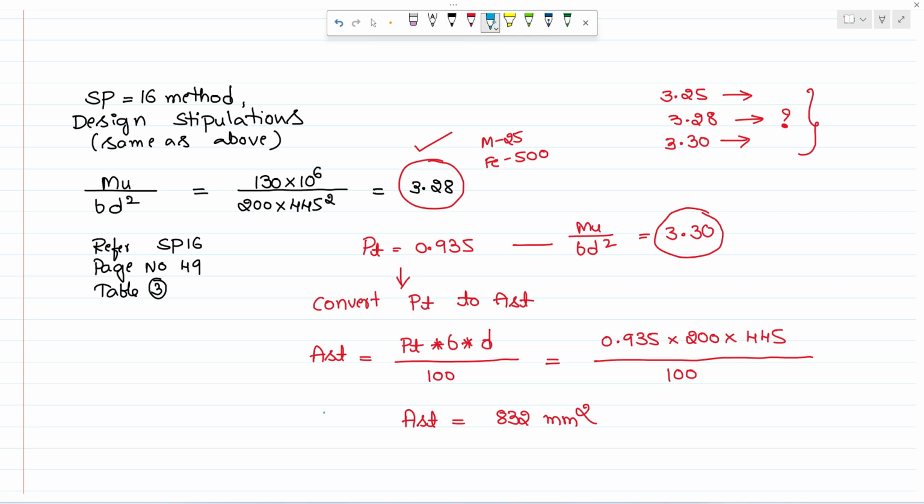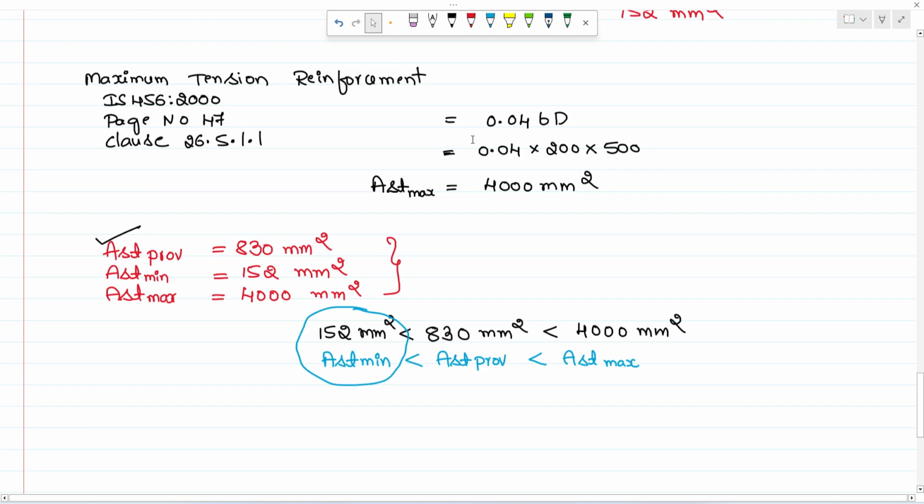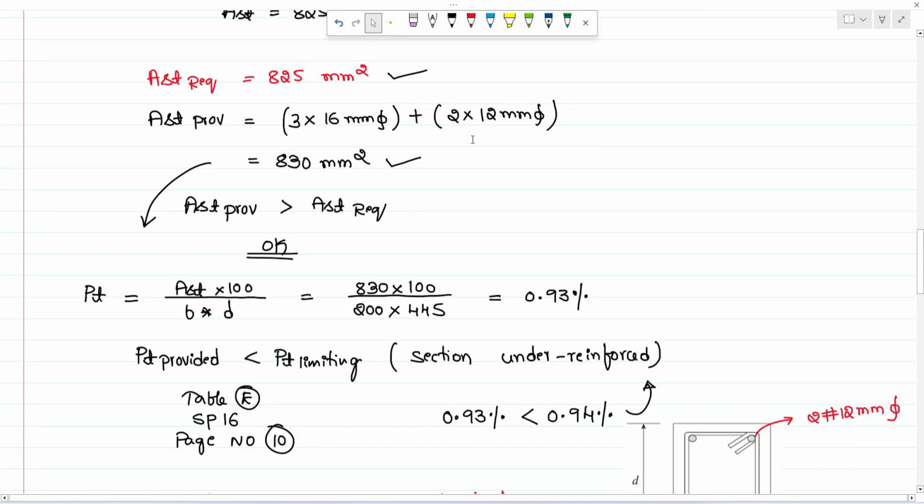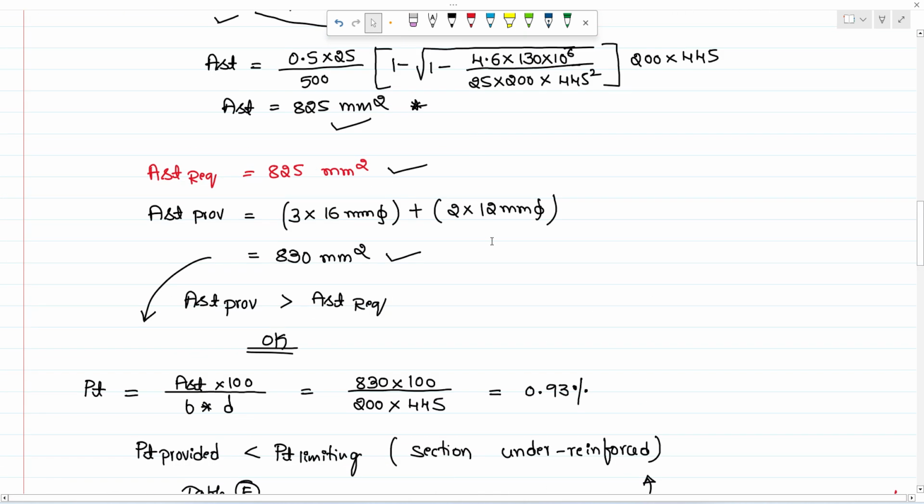It is when using the SP16 method. So what is the AST when I am using the IS 456 method? Yes, it is 825.